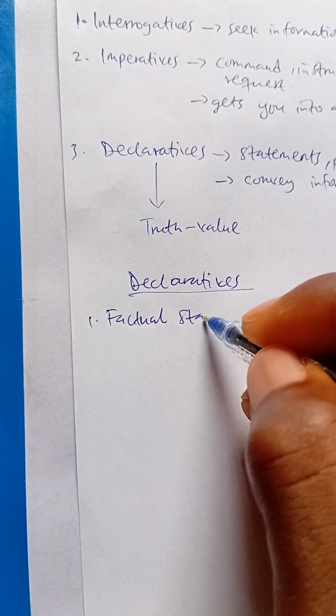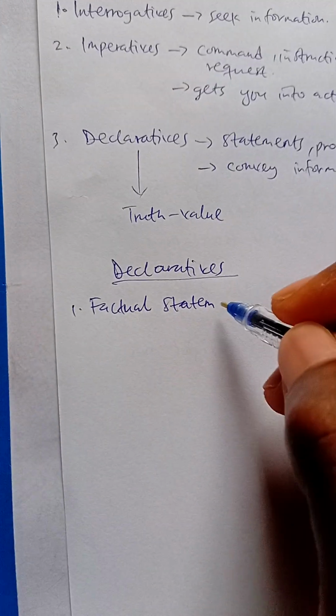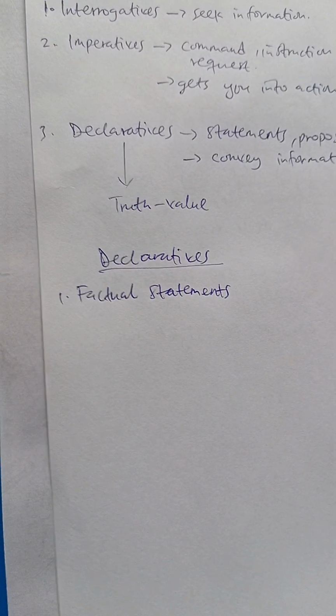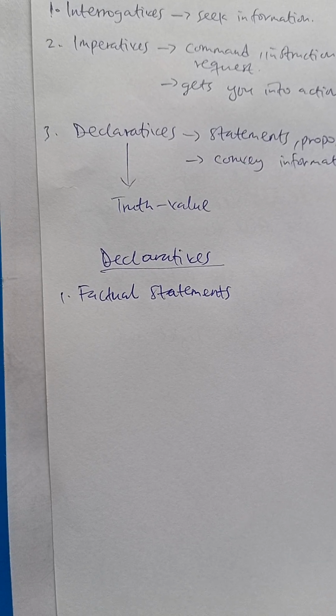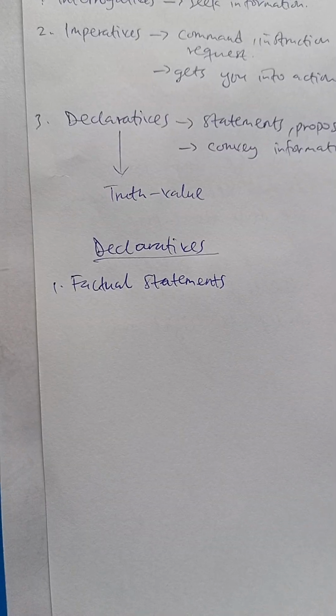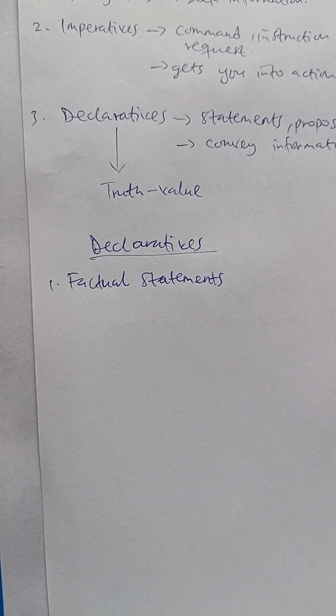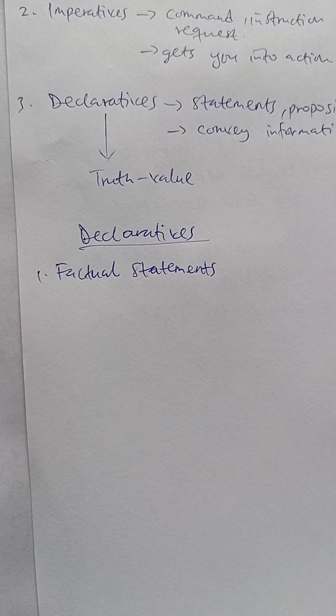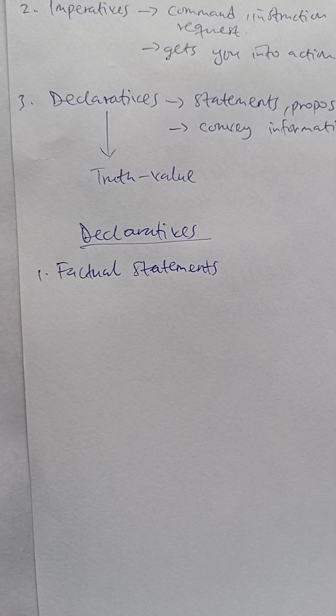We already established that declaratives are statements and they can either be true or false. Now under those statements, we have one called factual statements. As the name implies, it gives us facts.